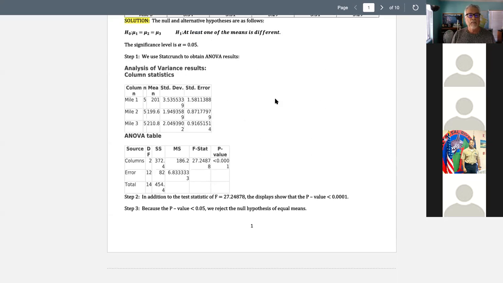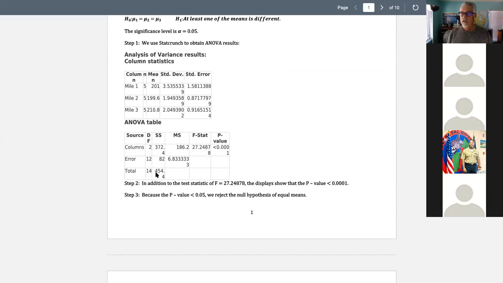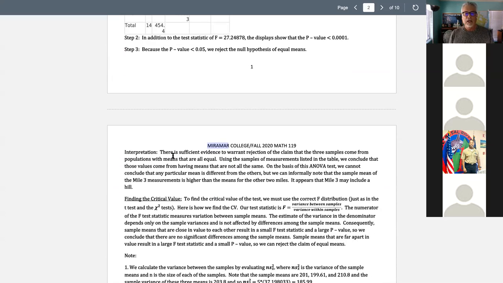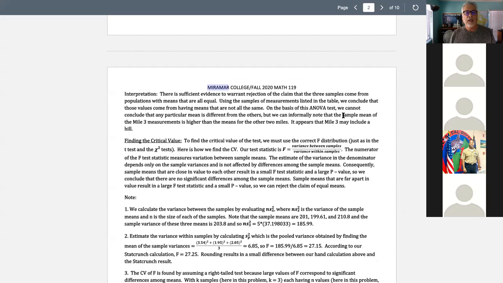Okay, so here we have our x bars up here in seconds: 201, 199.6, 210.8. And so we can take the variance among those 3 values, x bar. And if we multiply by n, then we get an estimate of sigma squared. Okay, so that'll be our numerator, right? And in this problem, we saw that the 3 sample means for the 3 loops were 201, 199.61, and 210.8.